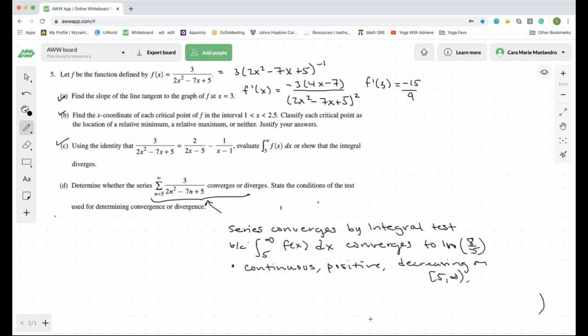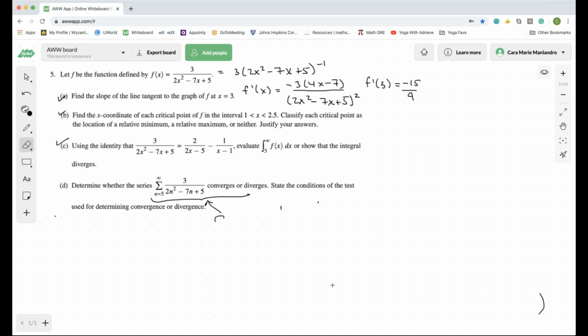Can we use the limit comparison test? Yeah, we can 100% do that, and let's do that. So this was one way to do it, and we'll use the suggestion to do the limit comparison test. All right, so if it were me, I would be thinking about comparing to 1 over n squared.